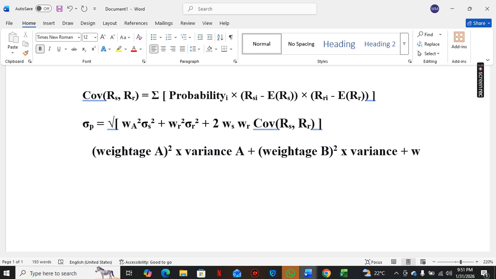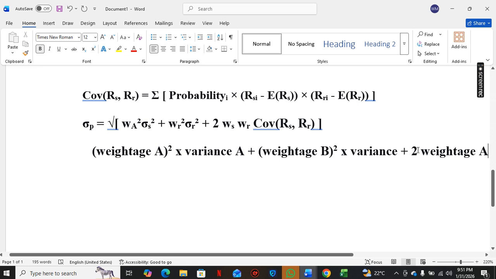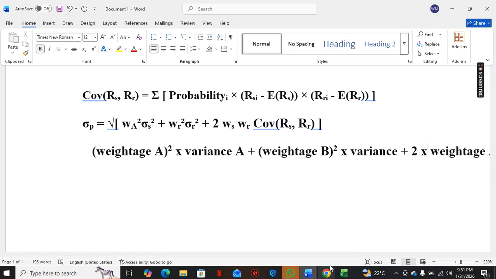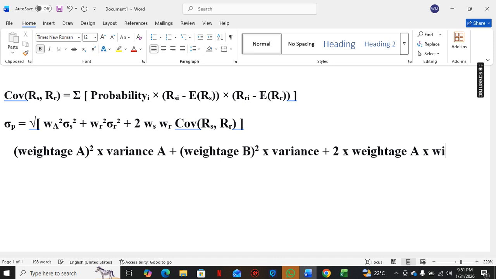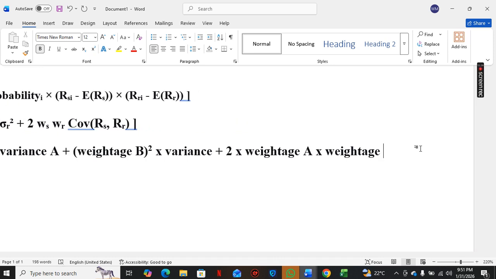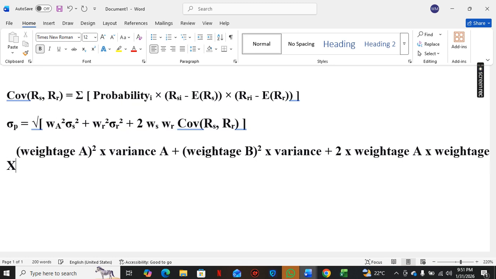2 multiplied by the weightage of A, multiplied by weightage of B, multiplied by the covariance.